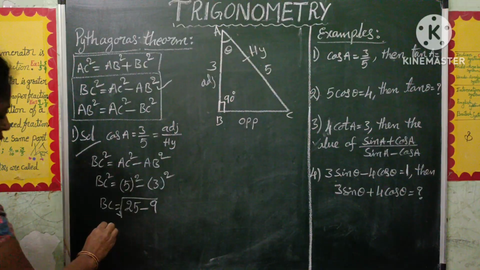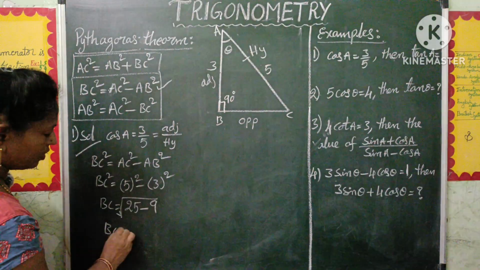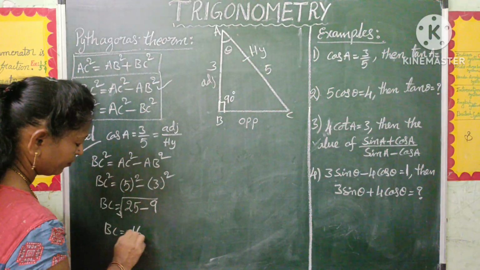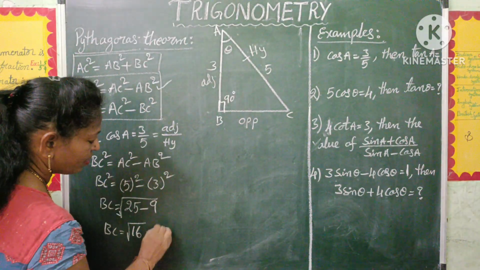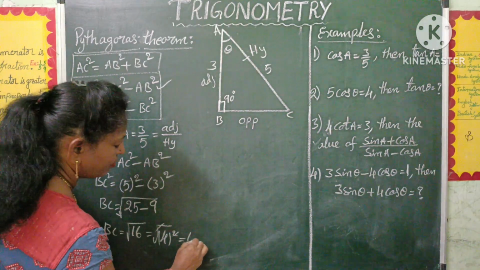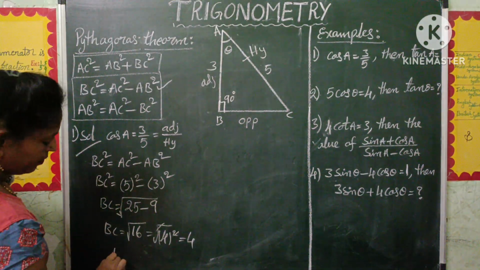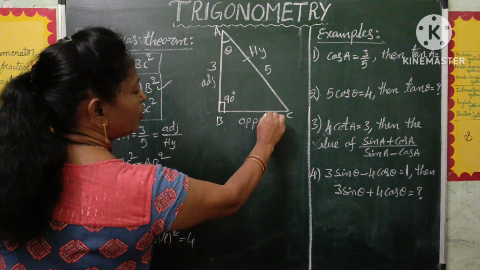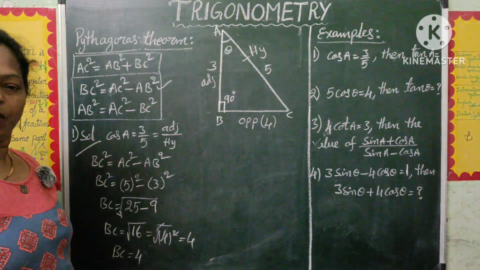Now BC equal to 25 minus 9, 16. 16 is the square of 4. So the square root cancels, 4. Therefore, side BC equal to 4. Already we know side BC, the opposite side.